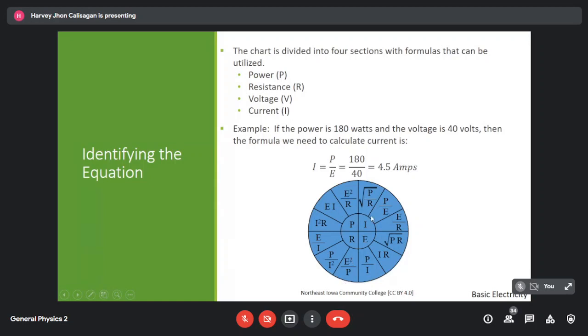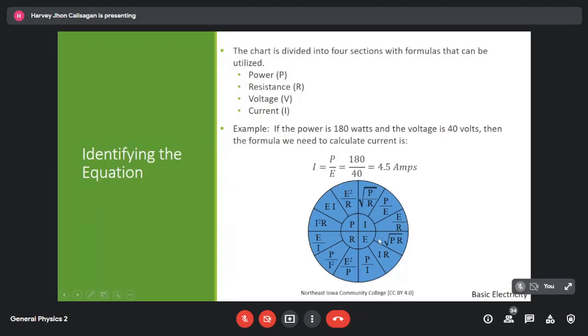For the current, we can use this formula: the square root of the power divided by the resistance. We also have the power divided by the volts, and then I is equal to the volts divided by the resistance.